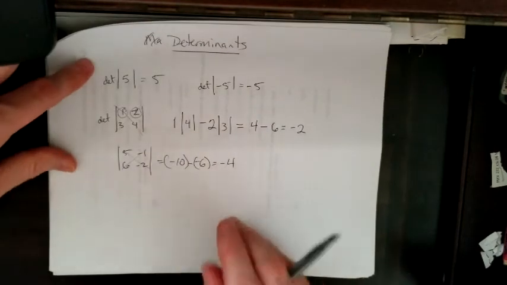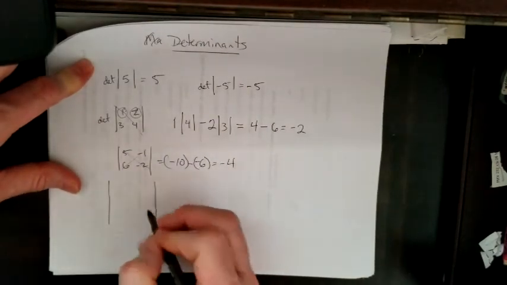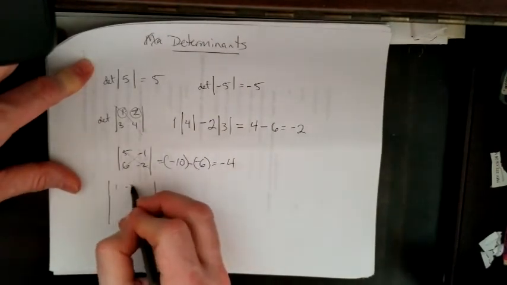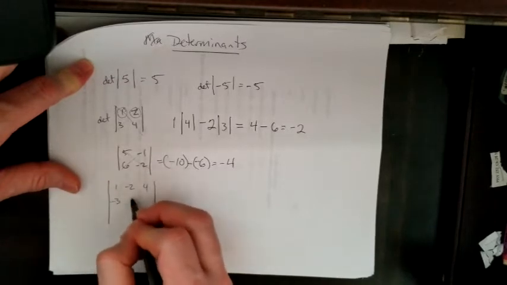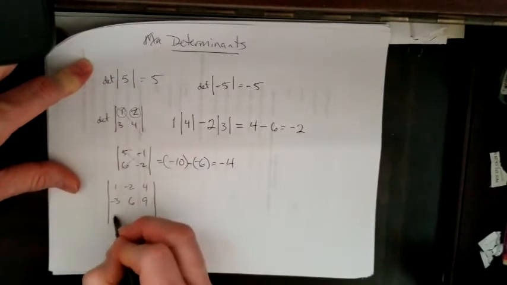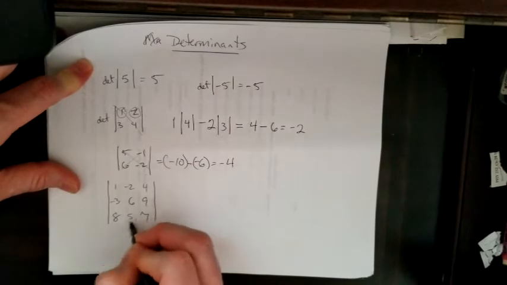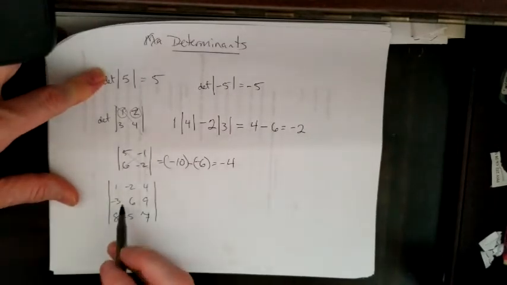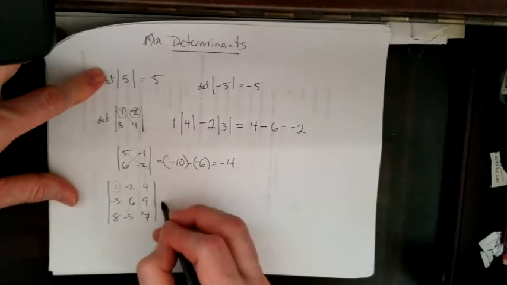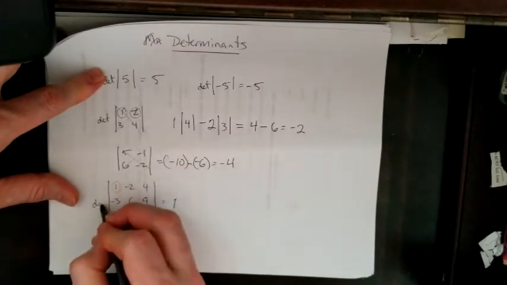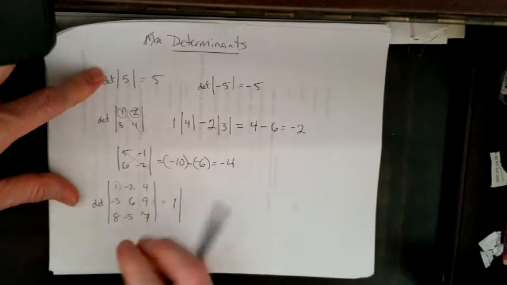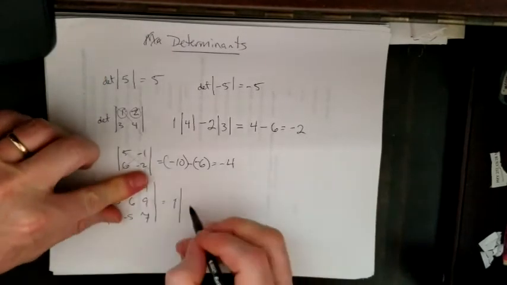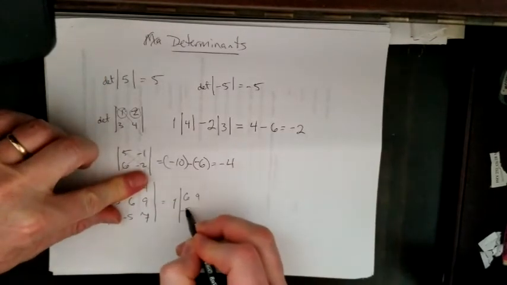Let's go to a 3 by 3. 1, -2, 4, -3, 6, 9, 8, 5, and let's make that 5 negative. To find the determinant here, I start in the upper left-hand corner, so that's equal to 1. This is finding the determinant. What I'm left with here, if I block out that row and column, is 6, 9, -5, 7.